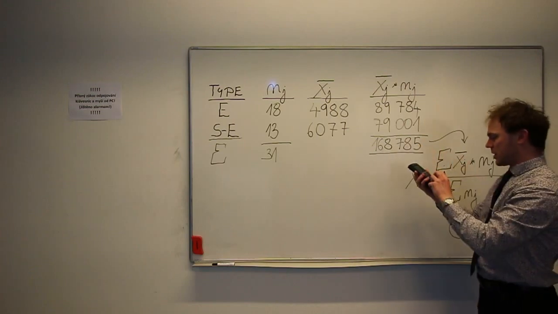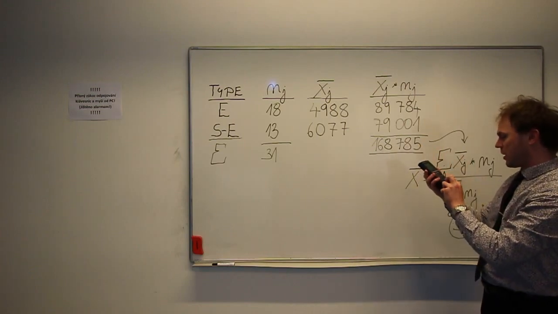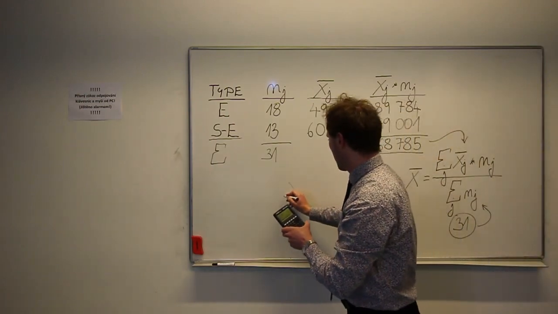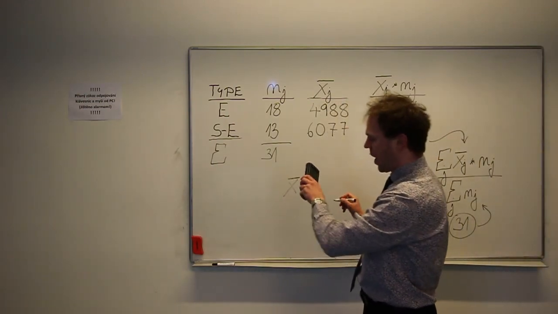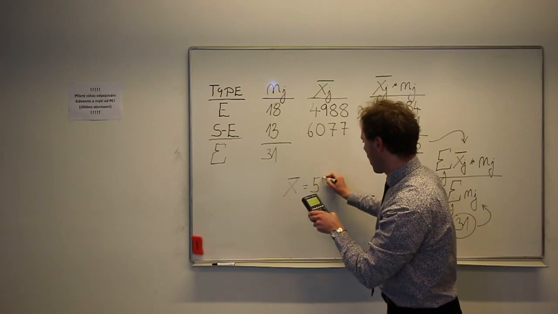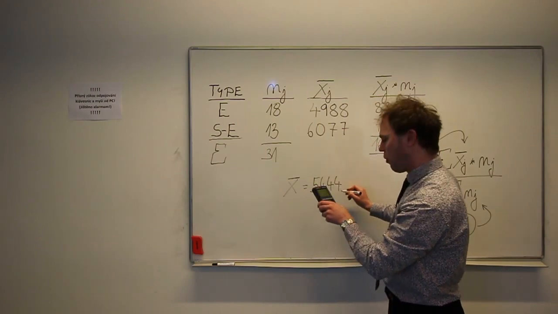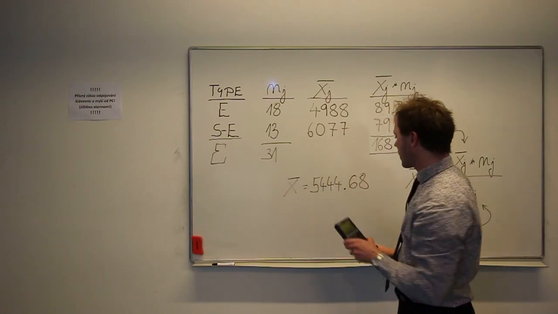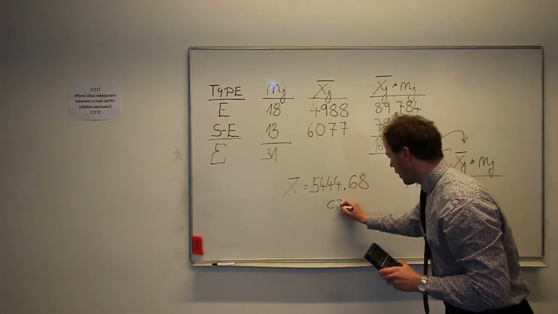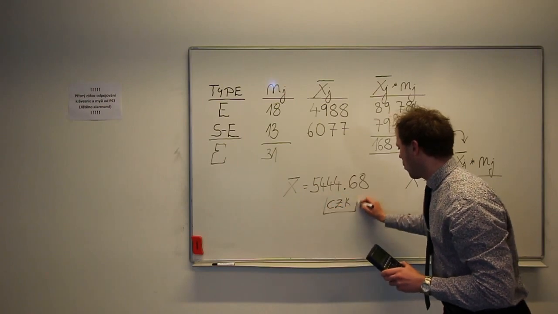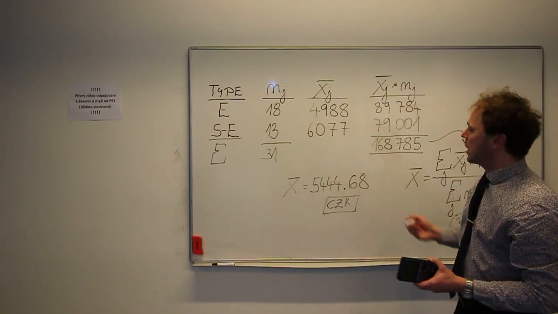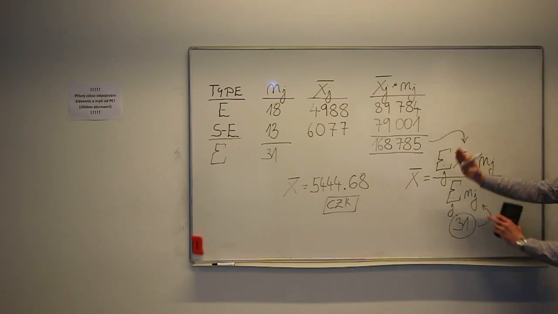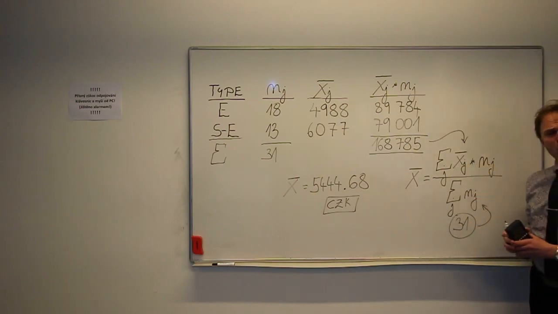So this divided by 31, and the total mean, total average, X with stripe, is equal to 5444.68. Yes, probably Czech crowns. So this is the weighted mean, the weighted average, and we used this weighted version of the formula.